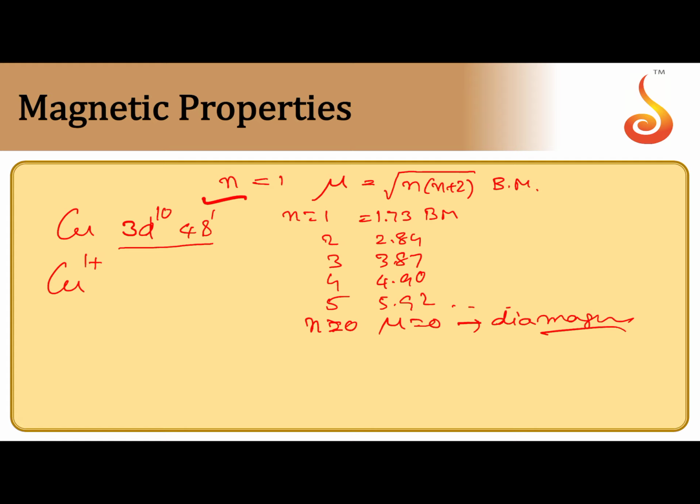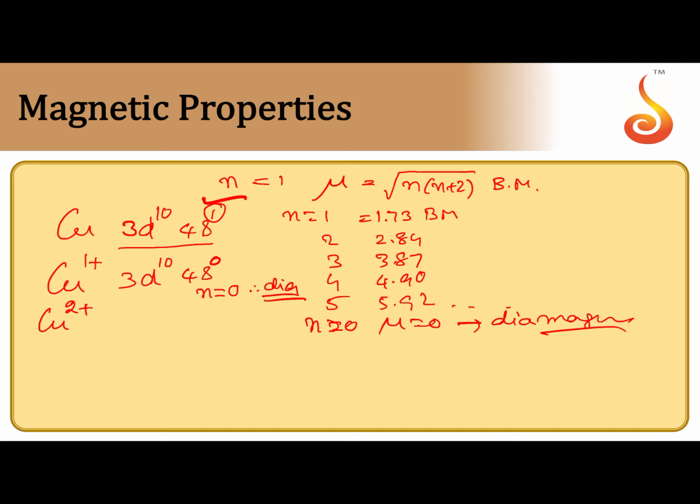The differentiating electron, the last electron enters into the atom of d block element is d, but during the removal electron must be removed from s. So, first you remove s electron, then the electronic configuration of cuprous ion is 3d10 4s0, number of unpaired electrons 0, that is why cuprous salts like cuprous chloride is diamagnetic.